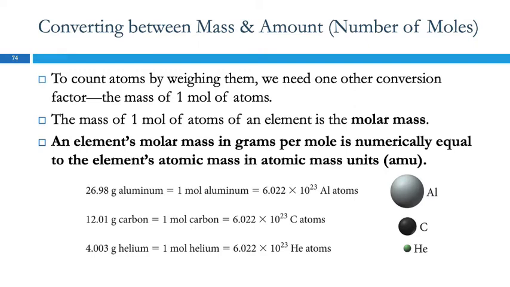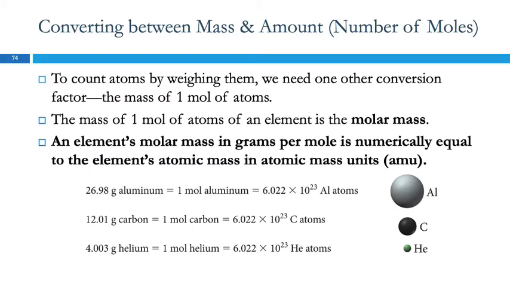So counting, and I kind of got ahead of myself earlier, to count atoms by weighing, we need the relationship between the mole and the mass, and that's the molar mass. That number is numerically equal to the atomic mass. The atomic mass is in atomic mass units. Makes sense, right?